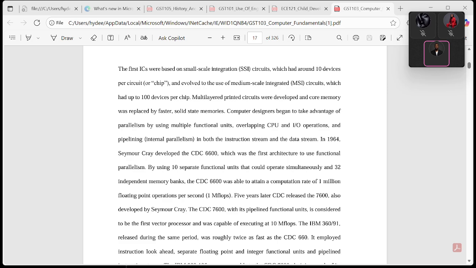And the architecture in the fourth generation was dominated by high-speed vector processors, like the Cray 1 and the Cray XMP.